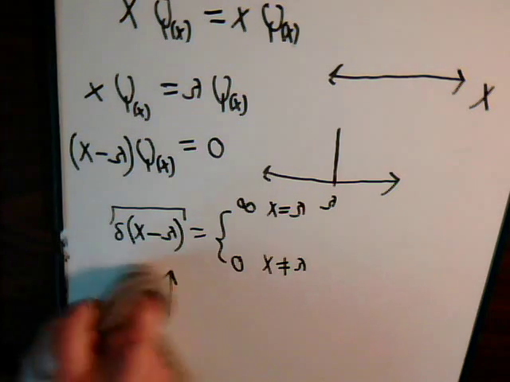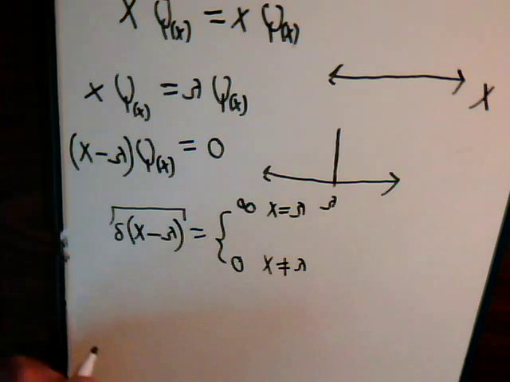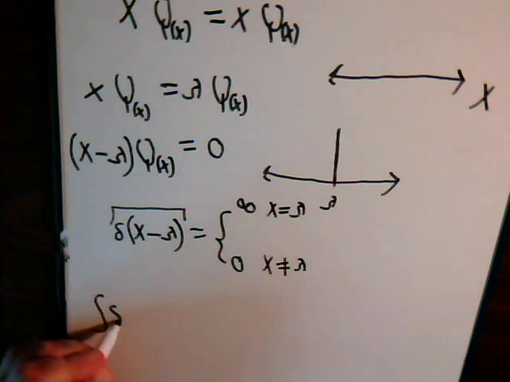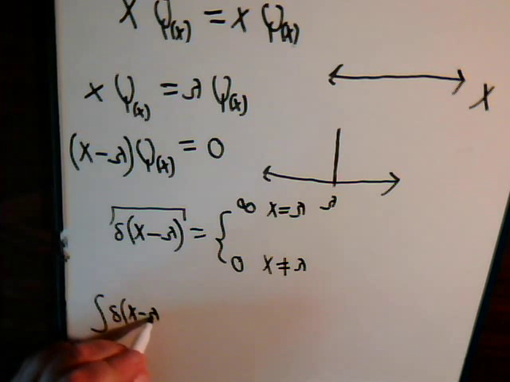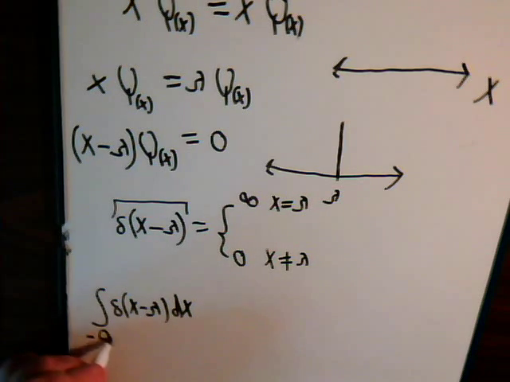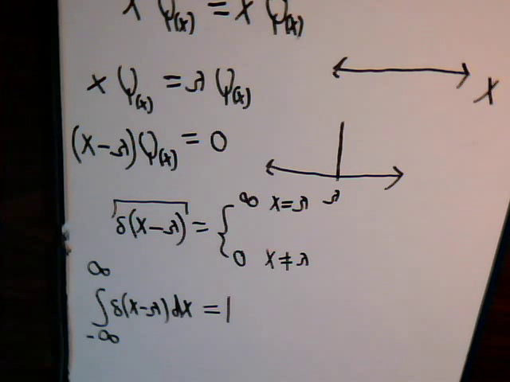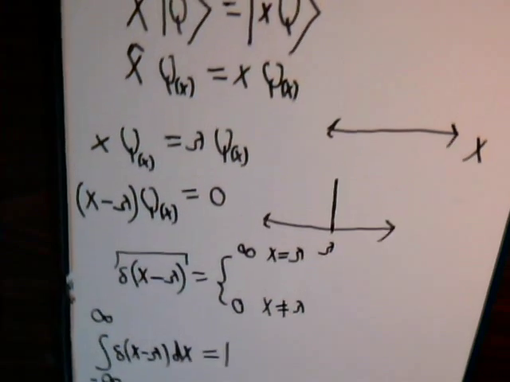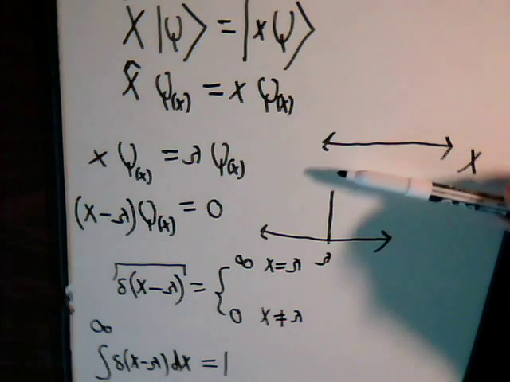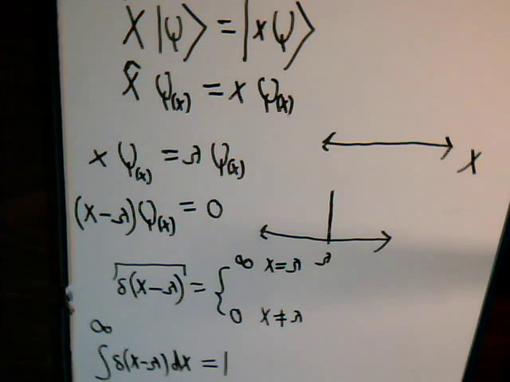Again, the way that Dirac defined these is that the integral of this, going anywhere from minus infinity to plus infinity, just equals 1. Though that kind of conflicts with our everyday math experience, what kind of function has this spike at one particular point, and then when you integrate it, you get an area of 1?